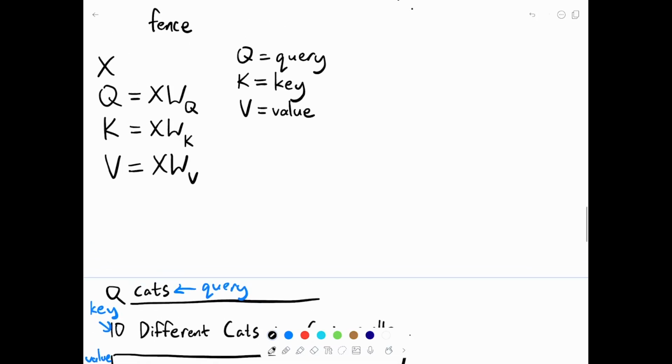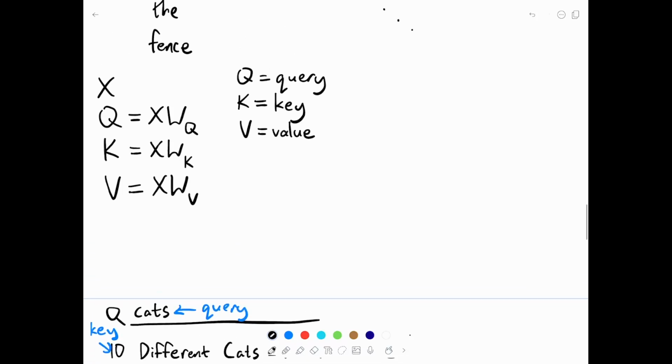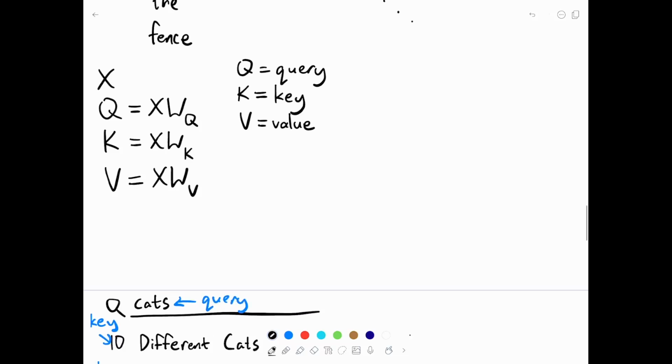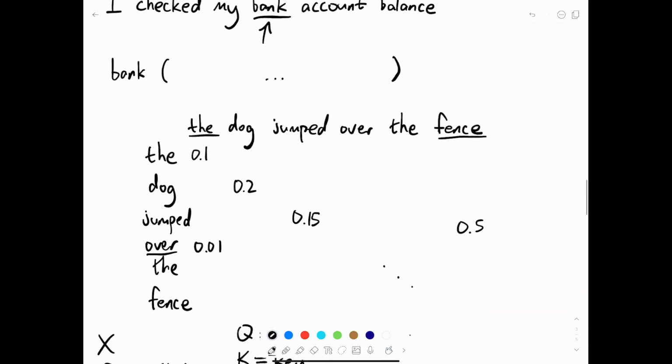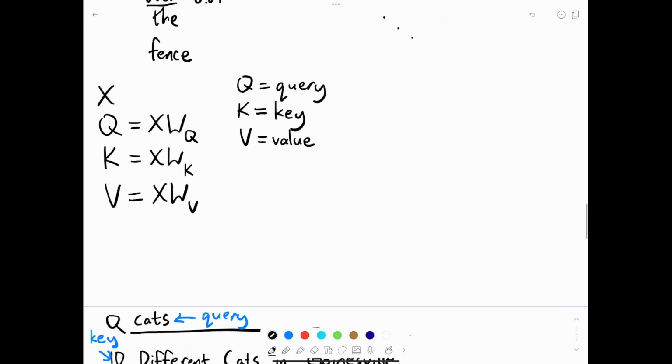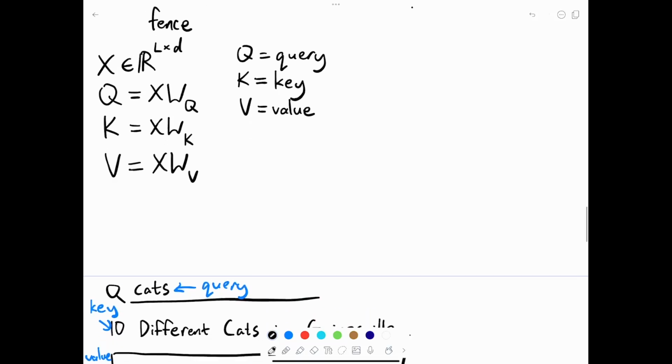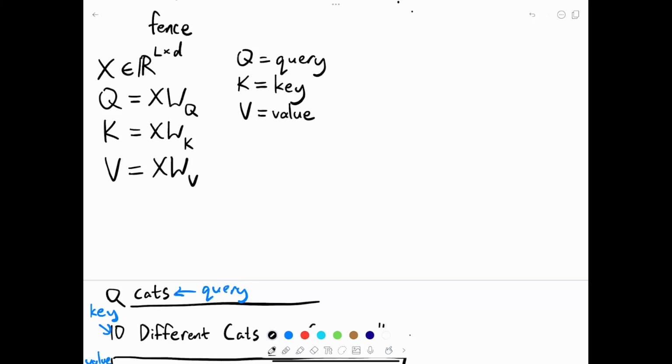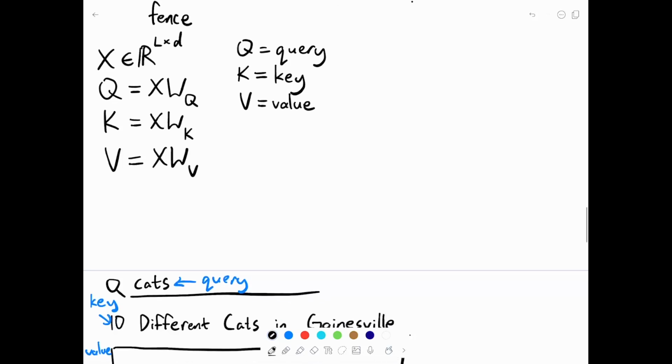Let's take a look at the dimensions of these matrices. So X has, let's say, L words. So if X has a length of L, then it will be an L by D matrix. So in mathematical notation, we can write it's a real matrix of L by D. So that means that it has L rows and D columns.